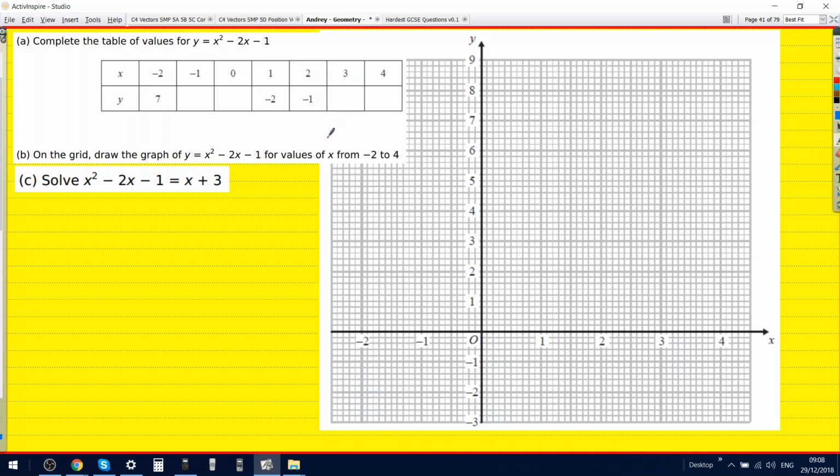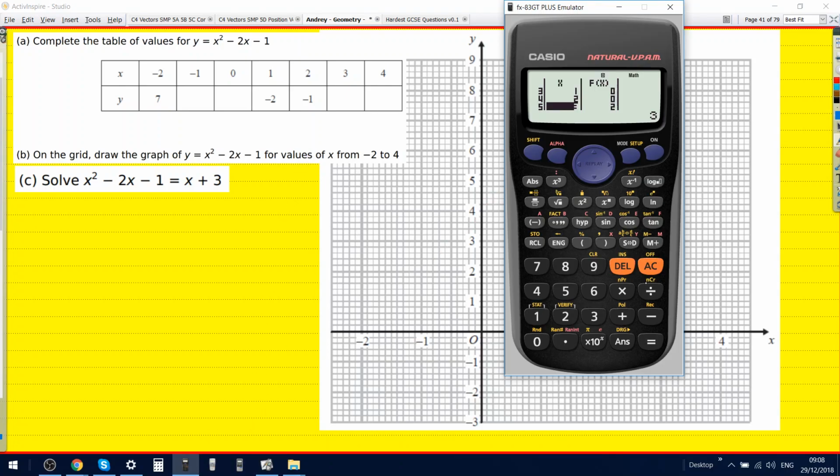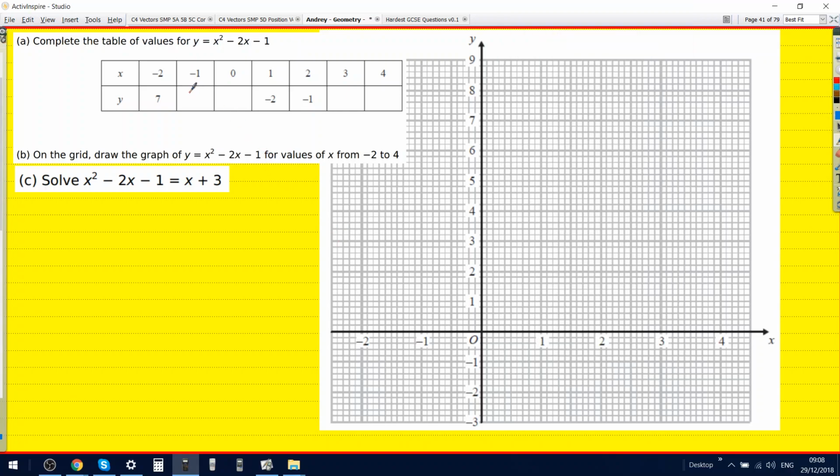Yes, so here's a slightly trickier one. How do we do the second part for this one? This one 2 minus 1 minus 2.